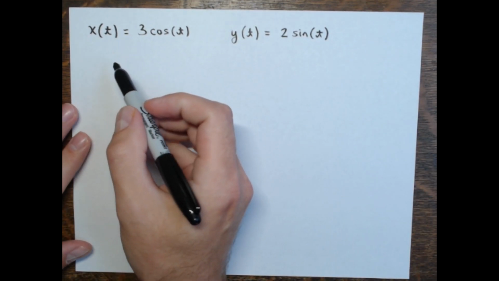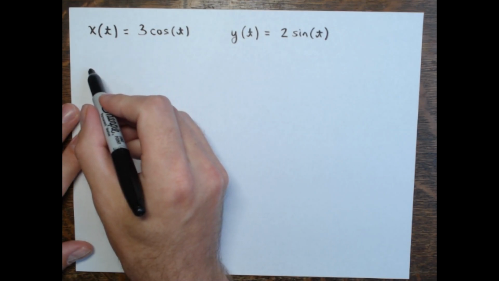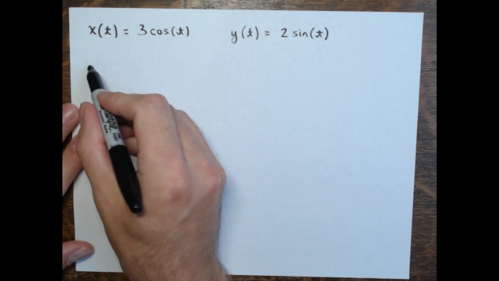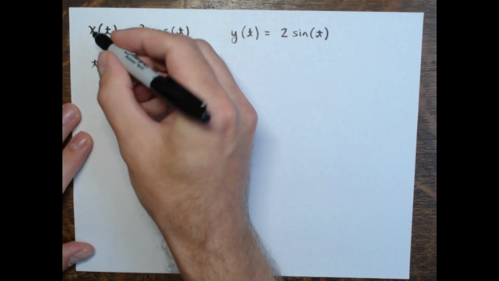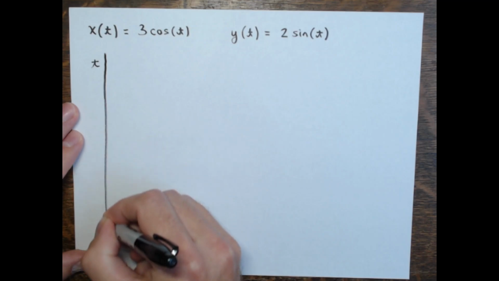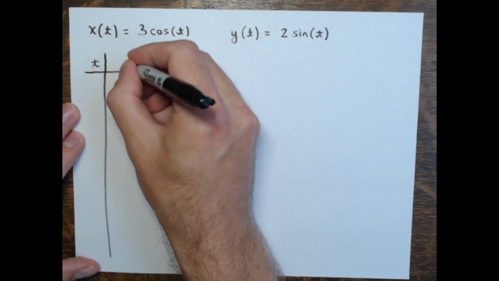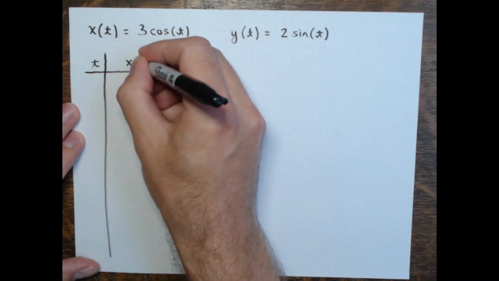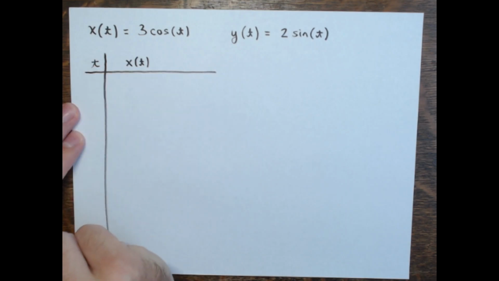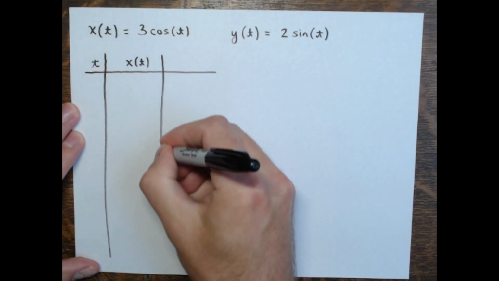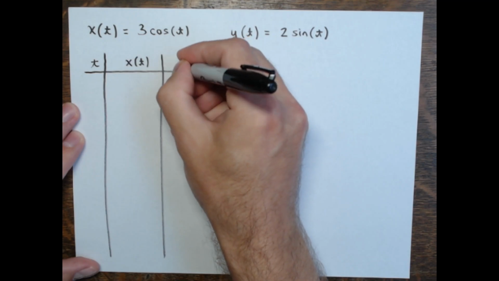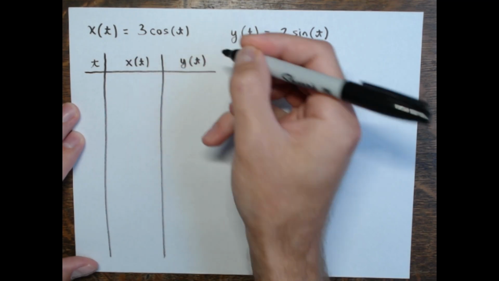And I'll do the table that they were making. You have values of t in one column, then the corresponding x coordinate for that value of t, and the y coordinate corresponding to that value of t.